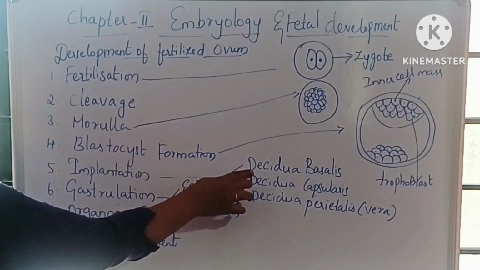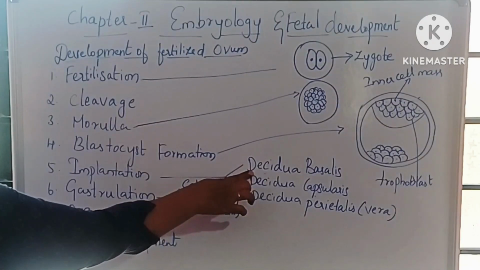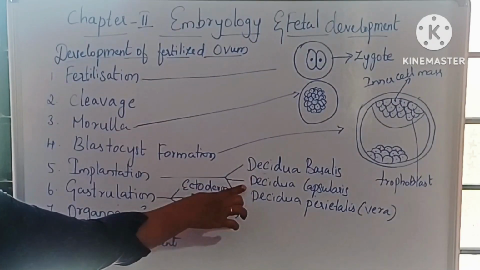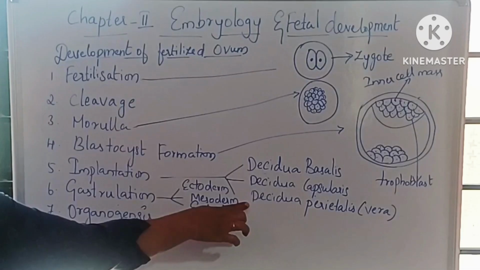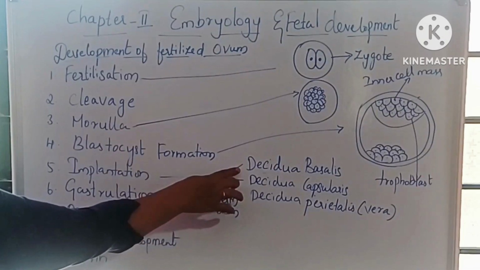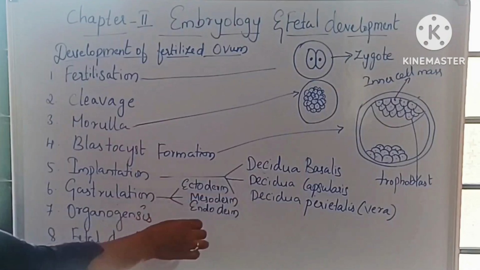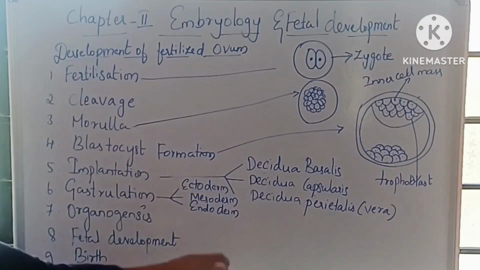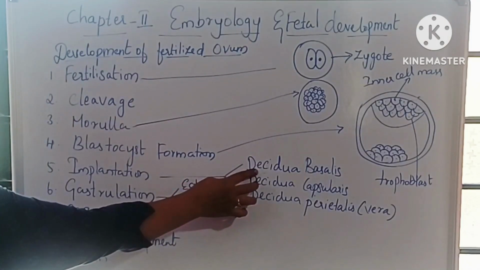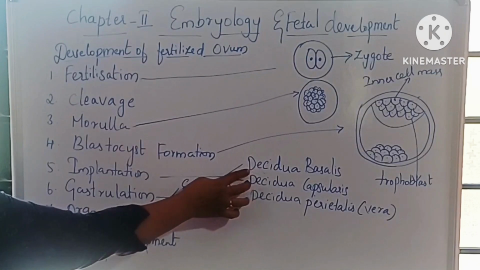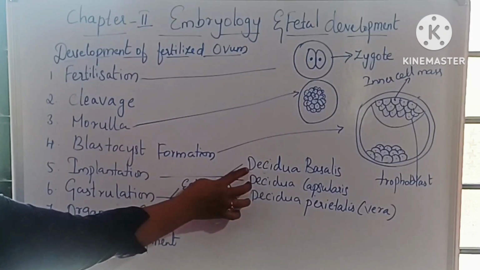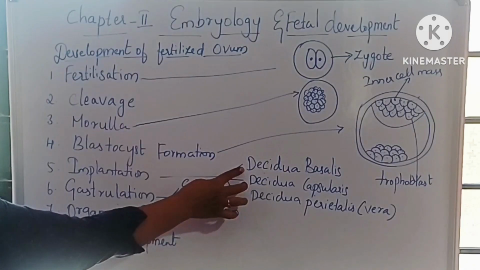Types of decidua: decidua basalis, decidua capsularis, decidua vera or parietalis. First, decidua basalis. The part below the implanted embryo forms the maternal part of the placenta. It is the most important type in implantation.